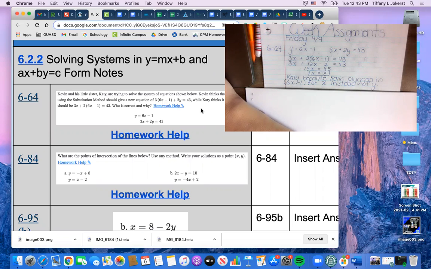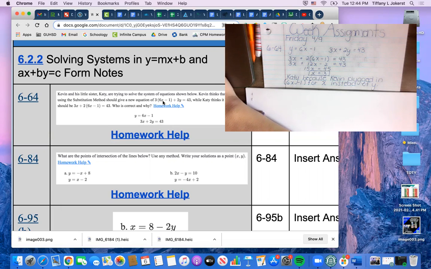So what happens is if you look here, Kevin substitutes in 6x minus 1. He plugs that in the place where x is in the equation. And if you look at Katie, Katie plugs in 6x minus 1 where the y is in this equation.